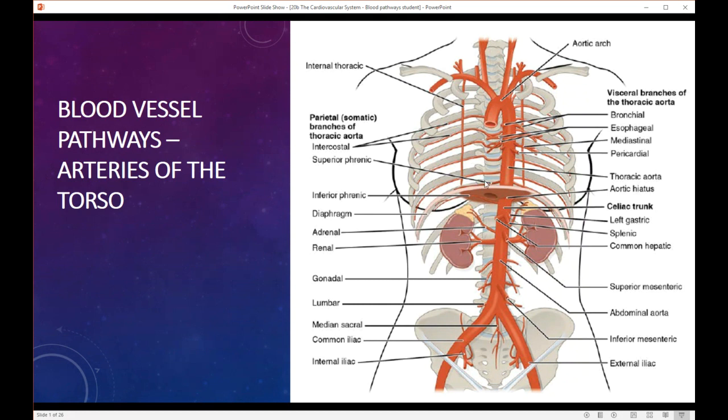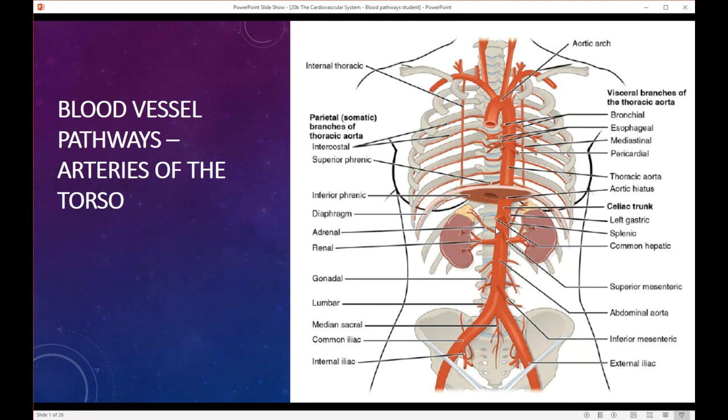And then you have what's called the superior phrenic. Phrenic means diaphragm. So the superior phrenic is going to go to the top of the diaphragm, and then you have the inferior phrenic going to the bottom of the diaphragm. Okay. Now we see the celiac trunk, where we have the left gastric, the splenic, and the common hepatic.